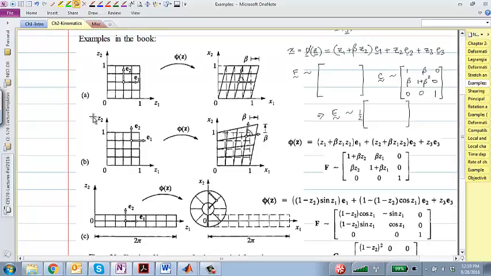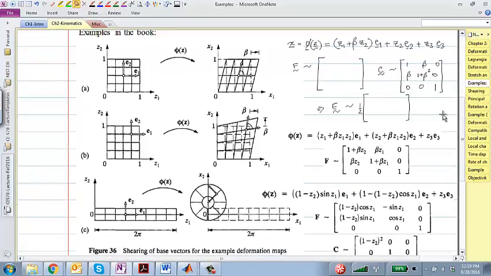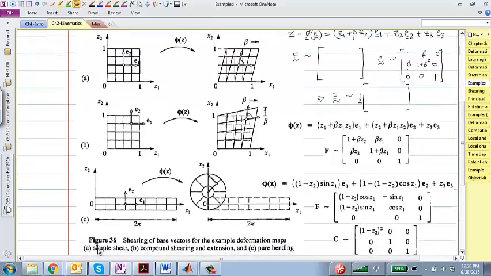One is the example of a simple shear. If you read the caption here, it says simple shear. Simple shear is different from something called pure shear. I'll talk about pure shear later. But simple shear is where you have a body that looks like this, a square domain, and you simply shear the top to the right by some amount beta.